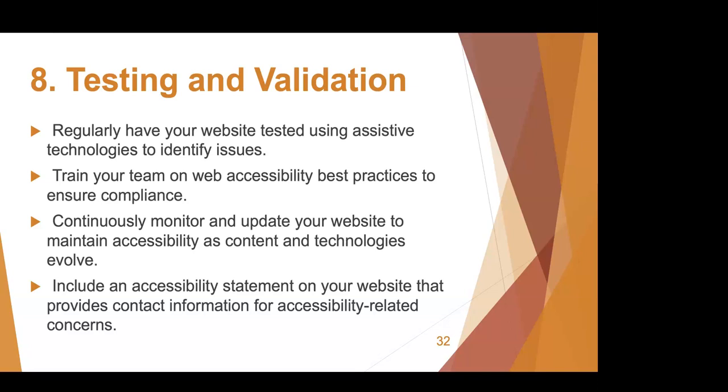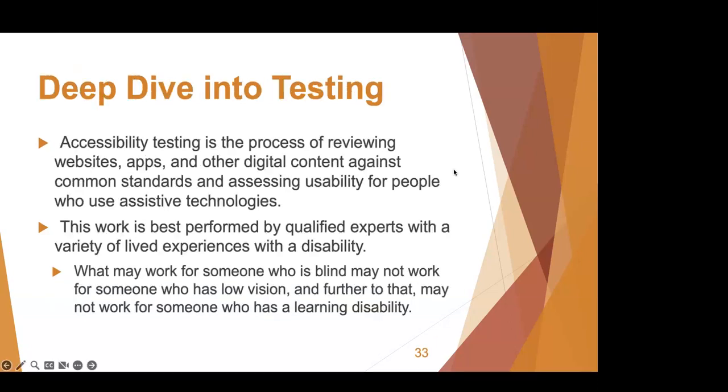So let's do a deep dive into accessibility testing. Accessibility testing is the process of reviewing websites, apps, and other digital content against common standards to assess the usability for people who use assistive technologies. This is best performed by qualified experts with a variety of lived experience with a disability.